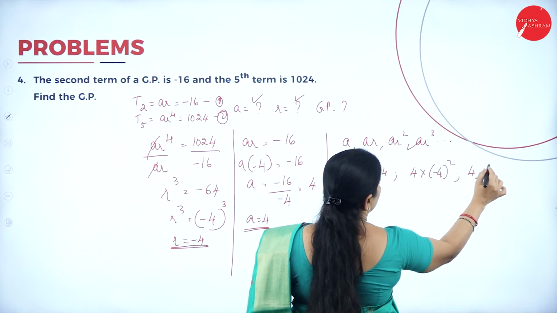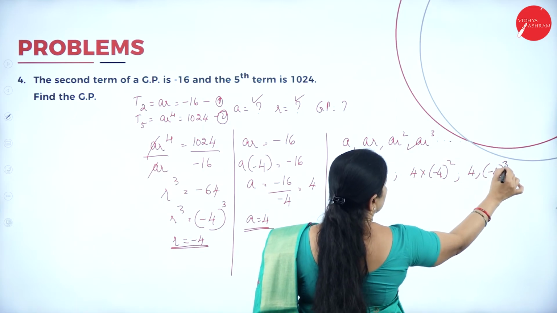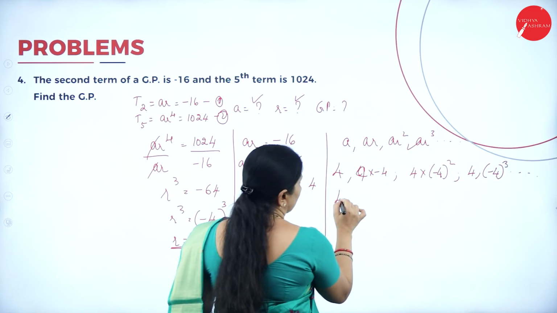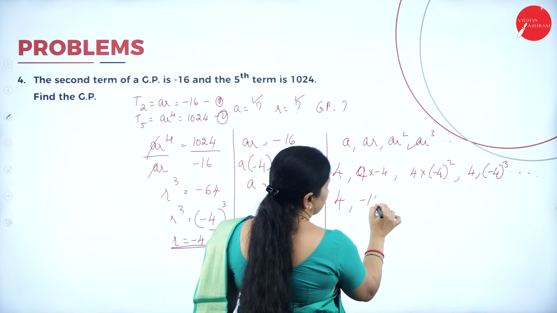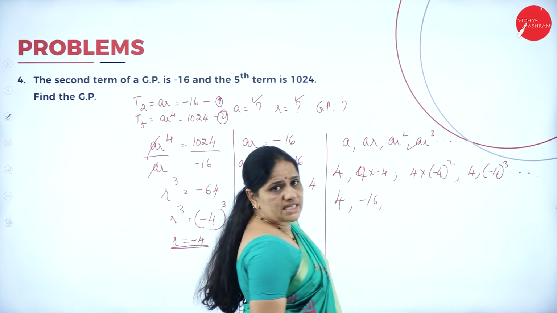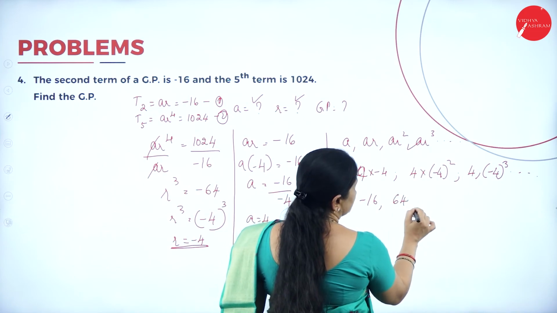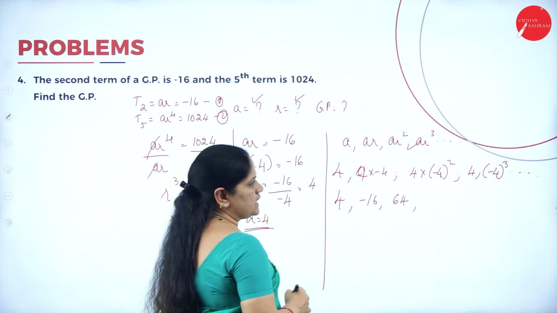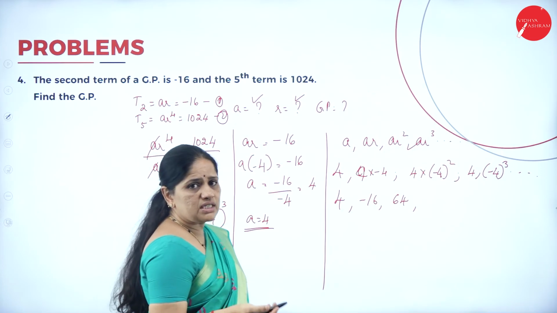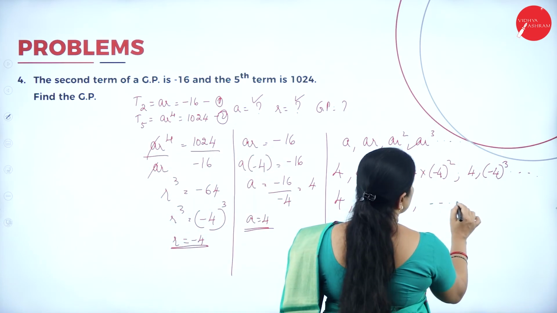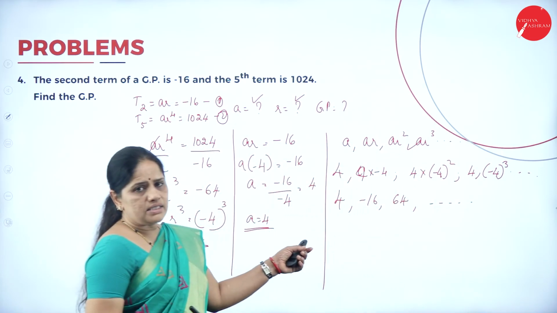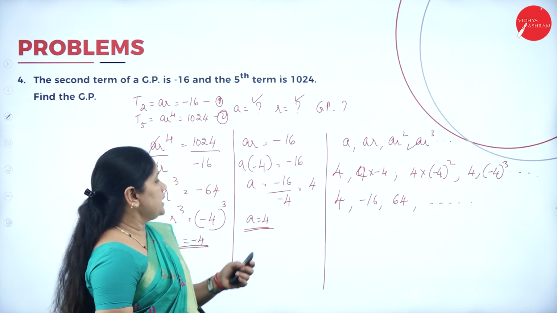Then again 4 into minus 4 the whole cube. So 4 4s are minus 16. 4 square is 16. 16 into 4 is 64. So that will be positive. Then 4 4s are 16, 16 into 4 is 64, 64 into 4, and so on. We get the answer. So this is the GP here.